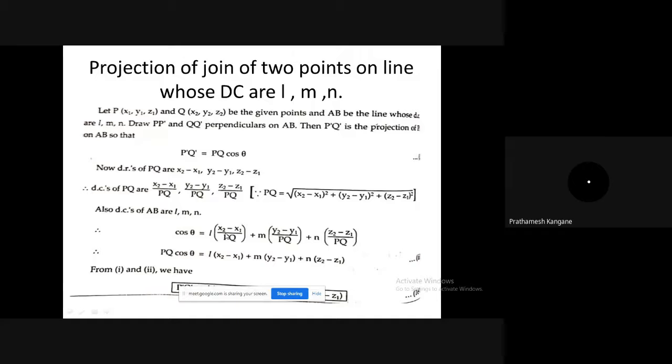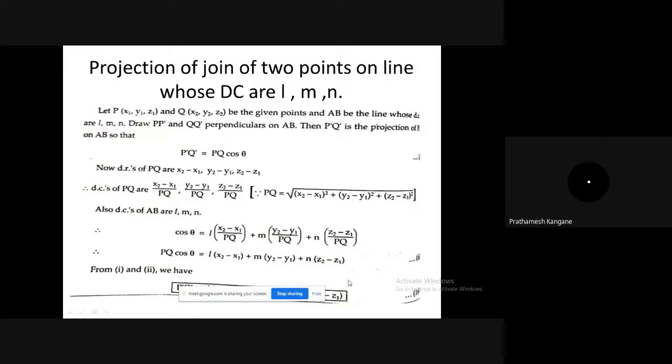That is DC of the line which is to be projected. And similarly M1 M2 and N1 N2. So PQ cos theta will be L into x2 minus x1 plus M into y2 minus y1 plus N into z2 minus z1.